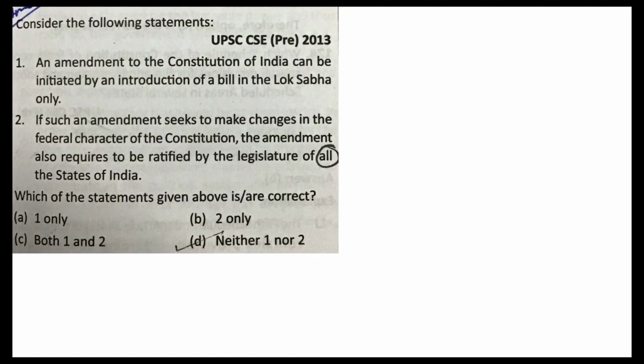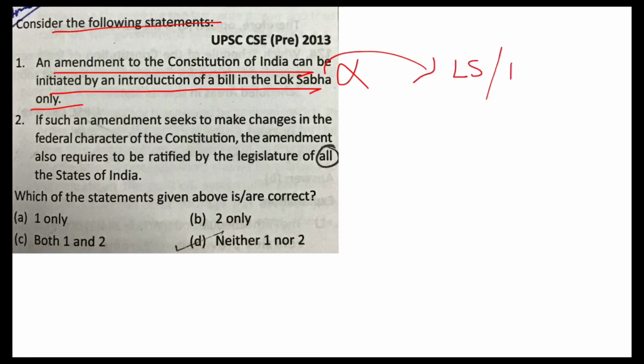Next, consider the following statements. An amendment to the Constitution of India can be initiated by the introduction of a bill in Lok Sabha only. No, this is incorrect. This bill can be introduced in both Lok Sabha and Rajya Sabha. Next, if such an amendment seeks to make changes in the federal character of the Constitution, the amendment also requires to be ratified by all of the states of India.